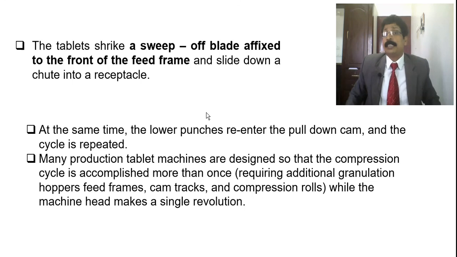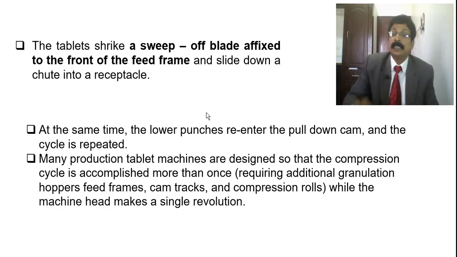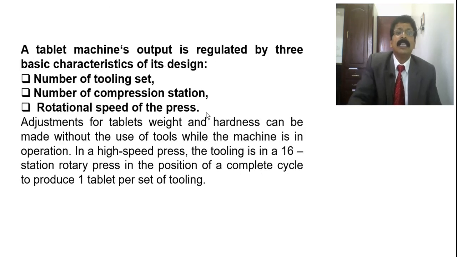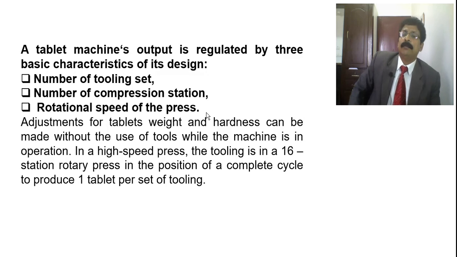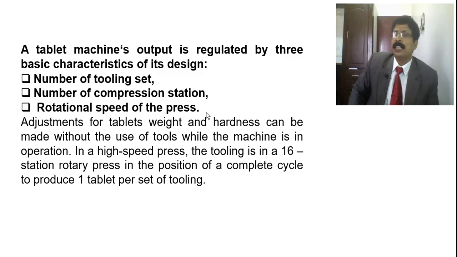According to the stations, there are hopper feed frames, cam tracks and compression rolls. Also 2 compression rolls will be there, as the machine head makes a single revolution. And the tablet machine outcome is regulated by 3 basic characteristics of its design. When a tablet machine comes out in the market, it is characterized by 3 designs.